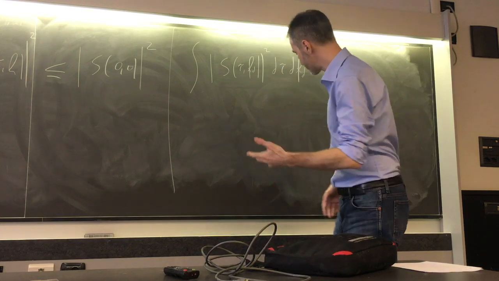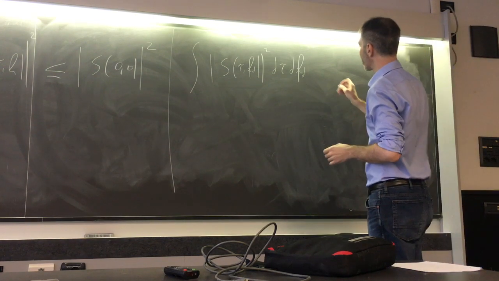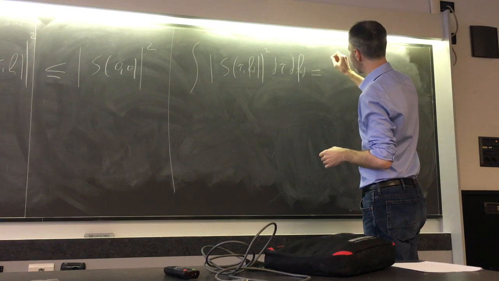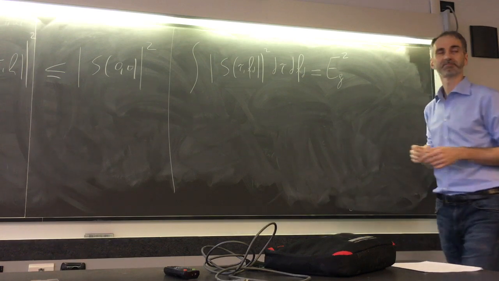So let's try to calculate this volume and see how it depends on the shape of the waveform. Then, unfortunately, you will just get that this is equal to the energy squared.